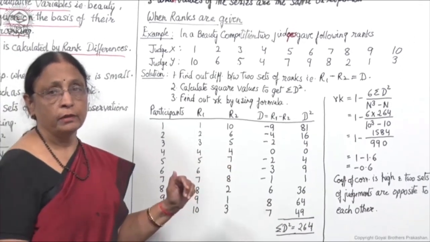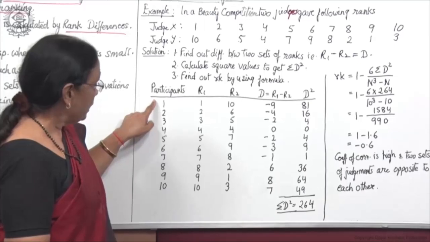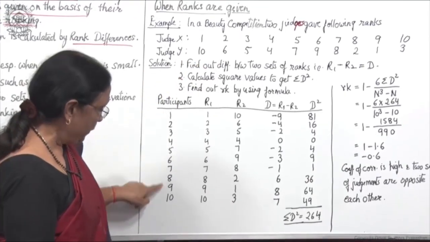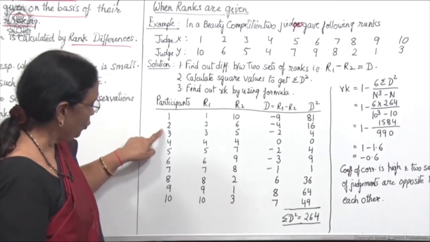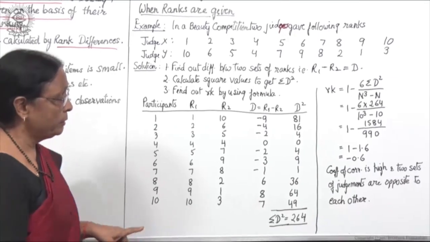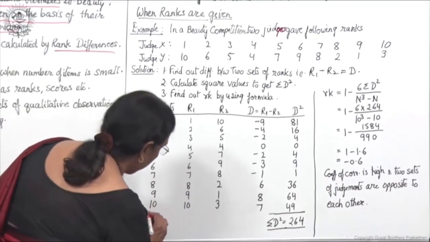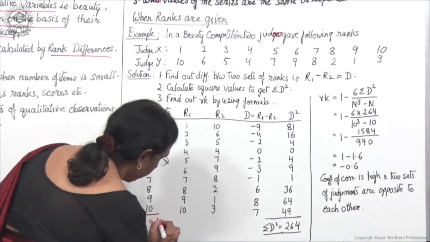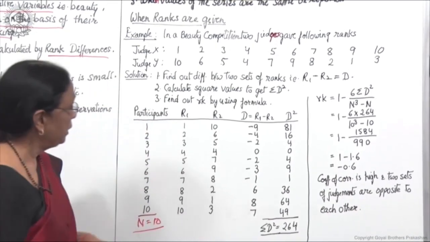Now here, these are the columns you are supposed to make in order to find the answer. Now participants, the number of participants here are 10. So you will write down 1, 2, 3, 4 till 10. This is the total number of participants, so that you come to know what N is. N is equal to 10 here, right?